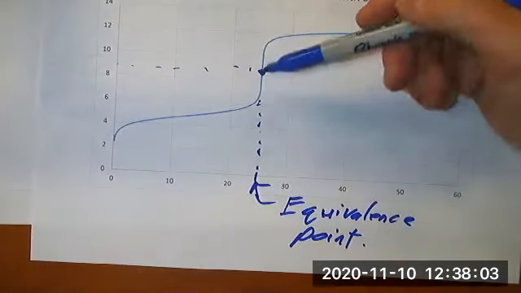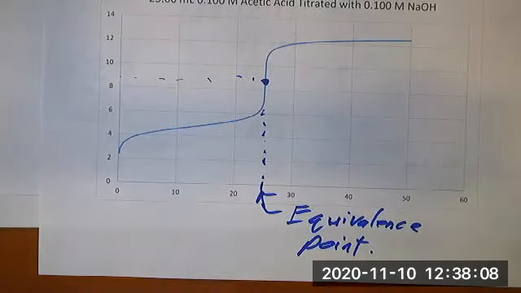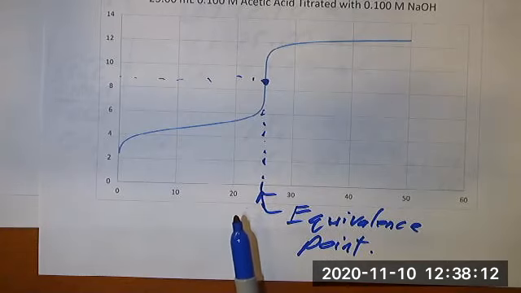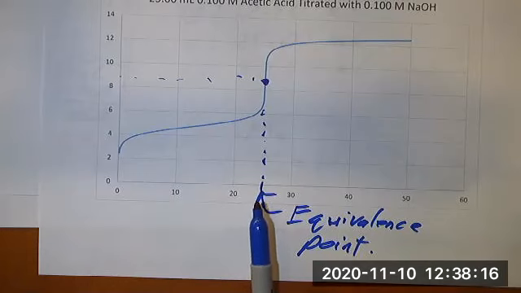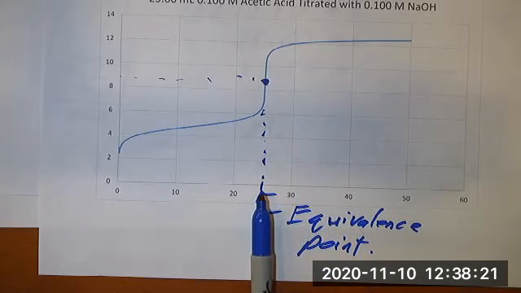And because the pH is changing so dramatically at that point, you can determine the volume for that equivalence point extremely precisely, to within a fraction of a drop that you are adding. So you can find this position very, very precisely.